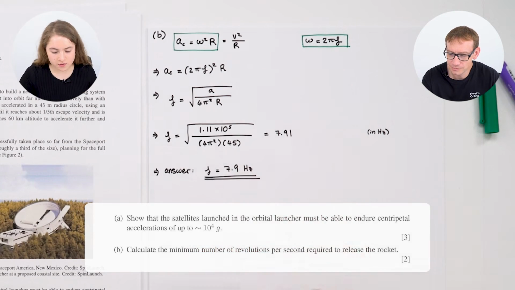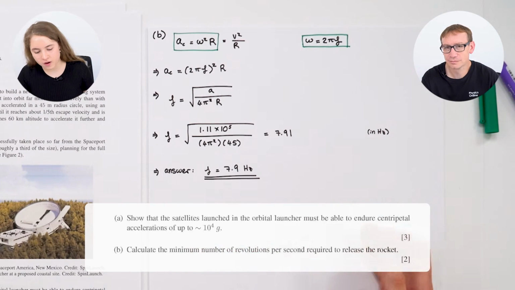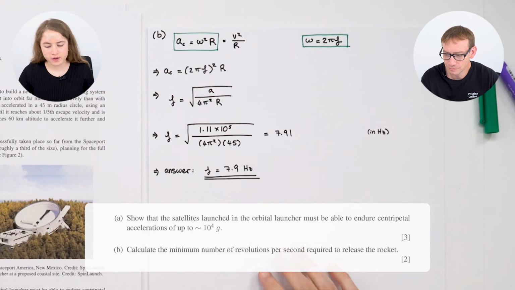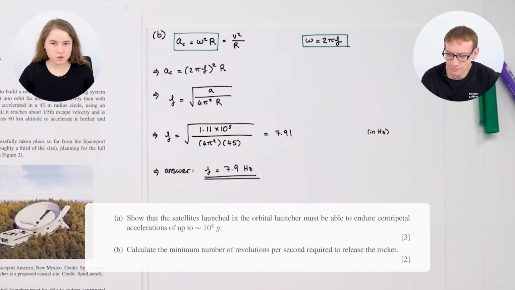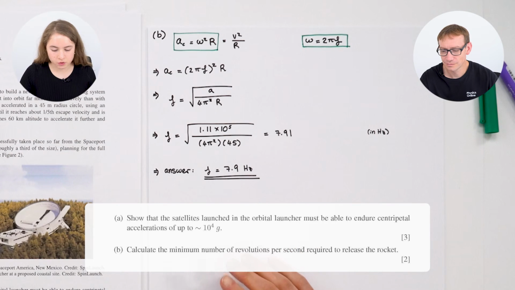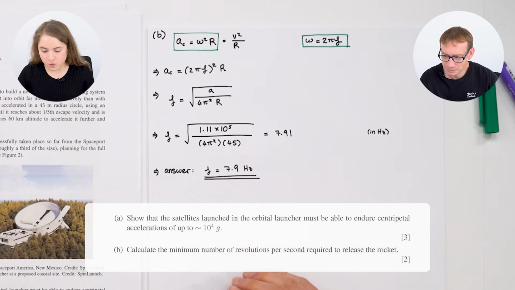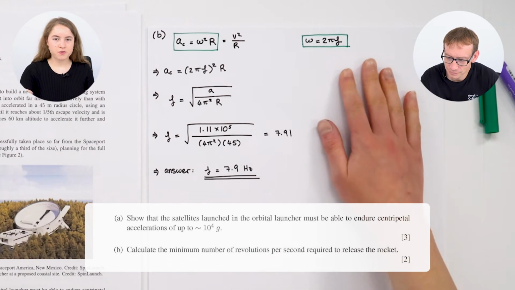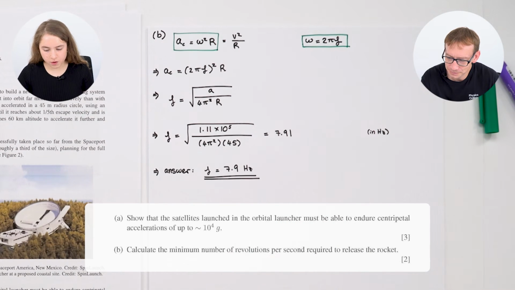We know that centripetal acceleration is omega squared r, and it's equal to v squared over r. And whilst for part A we used a equals v squared over r, for this part we can use a equals omega squared r. That's because we know that omega is 2 pi f. I think this comes up in circular motion in A level.